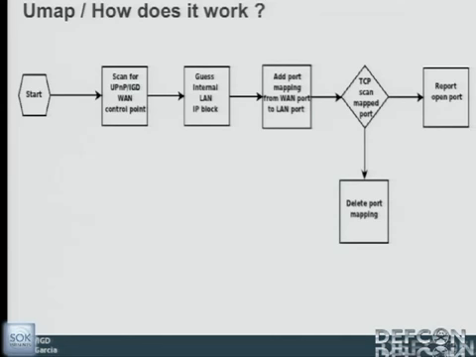Let's say if I want to scan port 21 of all the hosts on the inside of the LAN, it starts adding port mappings for 10.0.0.1 and 21, and then tries to map it to an external port. And then the program tries to check if that port is open, the external port on the WAN IP. If it's open, obviously you can establish a connection to the internal host and the internal services. And also, it does the deletion of the port mapping.